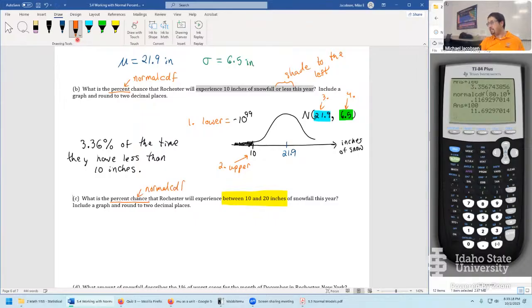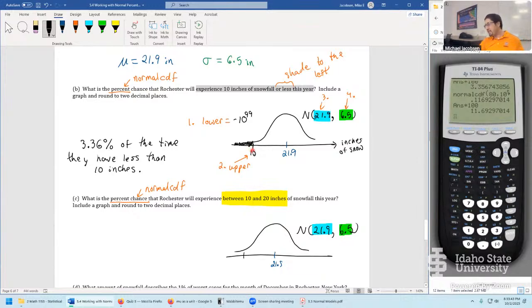Normal CDF. And the picture looks like this time. And 21.9, 6.5. So blue here, green here for the mean and standard deviation. And now the figures go between 10 and 20 inches.